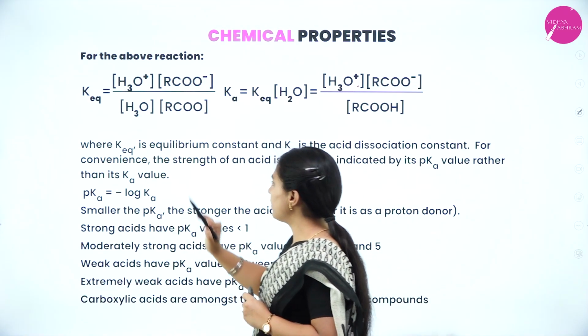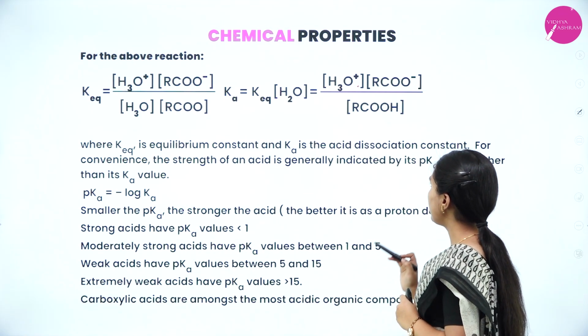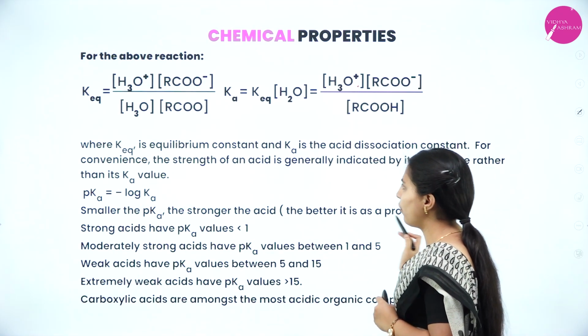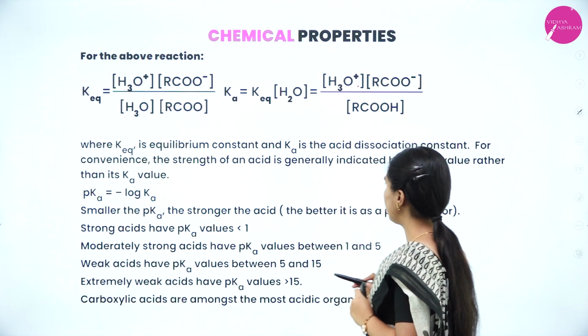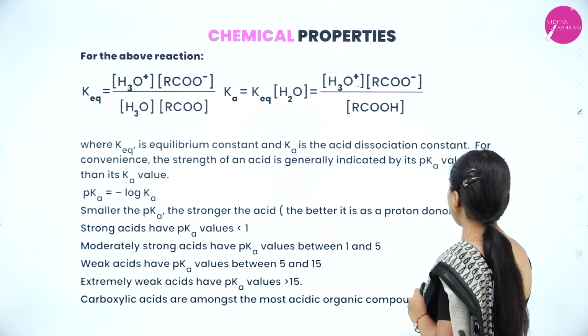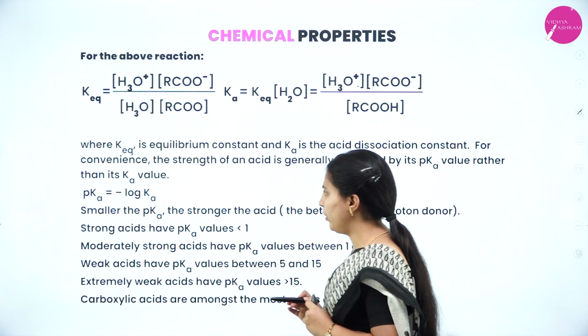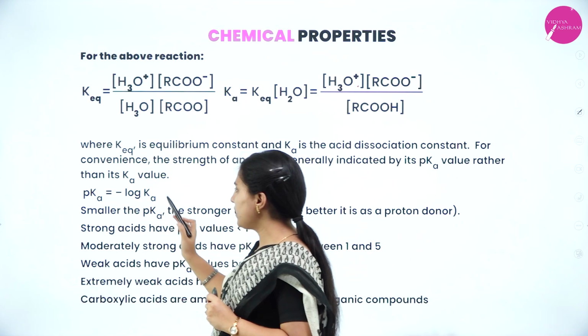Here Keq is the equilibrium constant and Ka is the acid dissociation constant. For convenience, the strength of an acid is generally indicated by the pKa value rather than the Ka value. pKa is equal to minus log Ka.